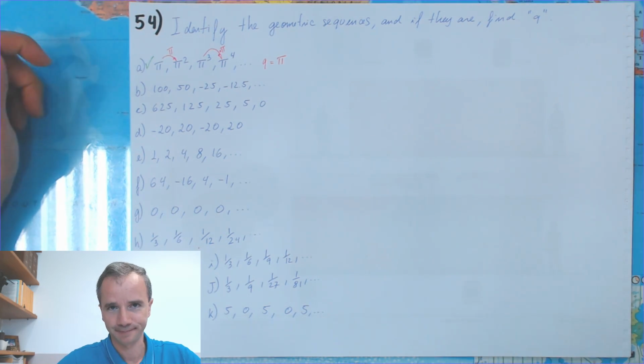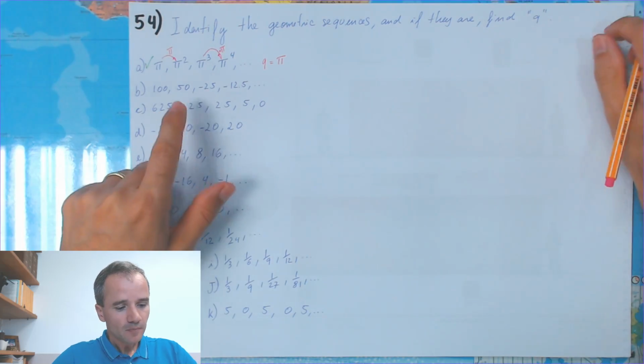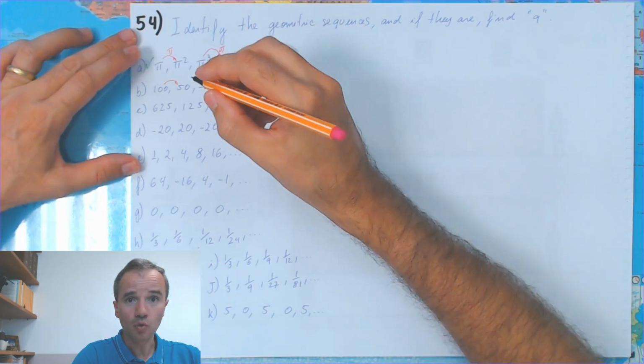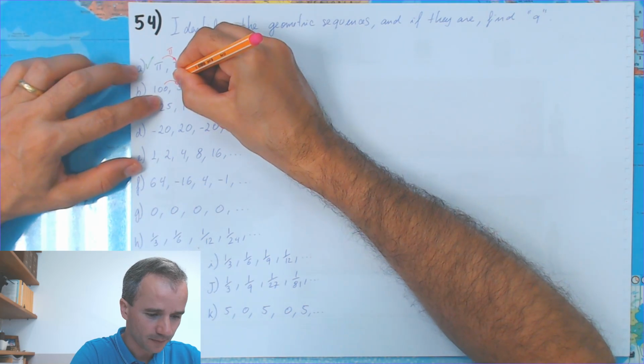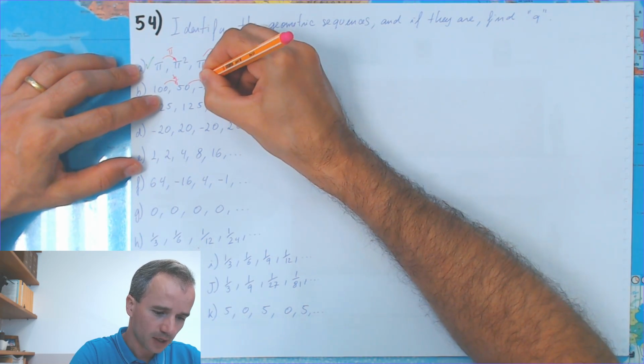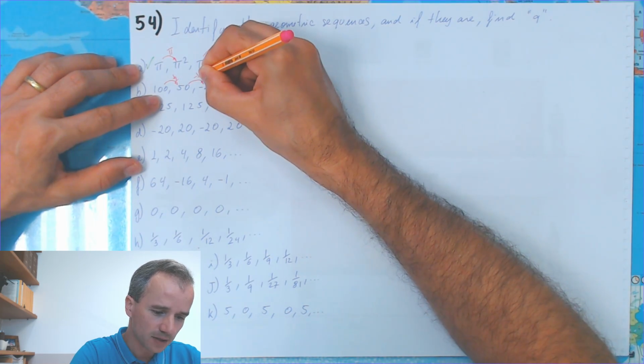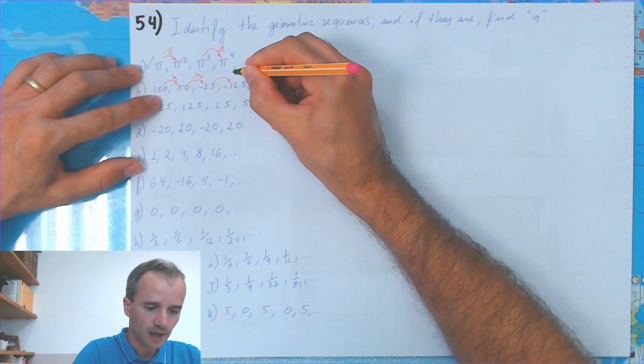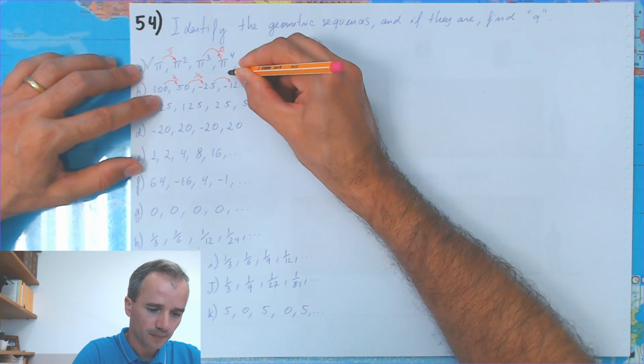No, it's not. Because the common ratio in here would be half, but from here to here the common ratio would be minus half, and then from here to here it would be again half.